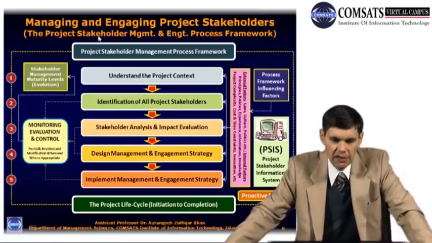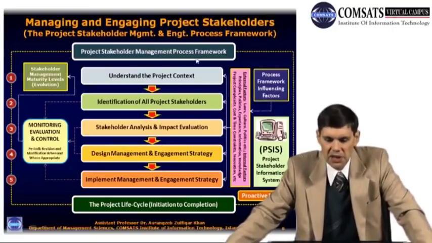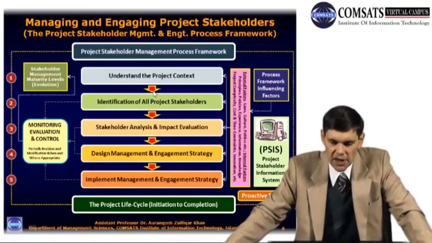Now, I have put this here in this button, and you can see that there are 5 different process areas contained within this process framework. And these process areas follow in sequence. That is why you have these red arrows here.